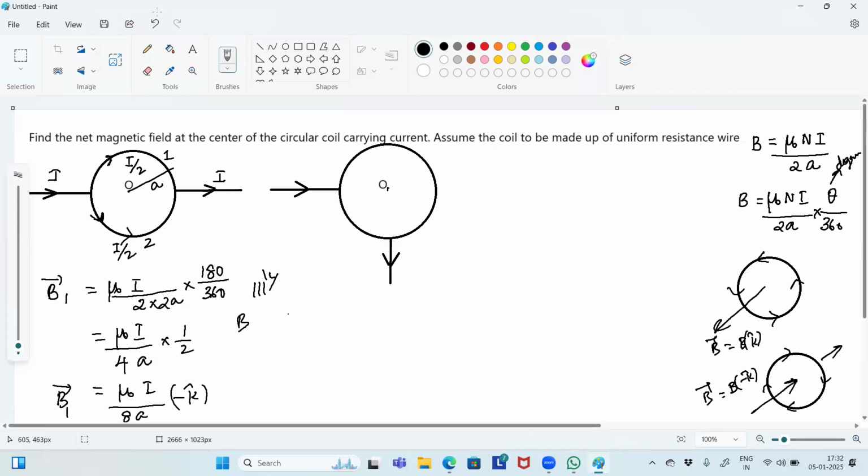So B1, B2 equal to mu0 I by 8a along k cap. So the net magnetic field at the center, since B1 and B2 are equal and opposite, when you add B1 plus B2, will be equal to 0.